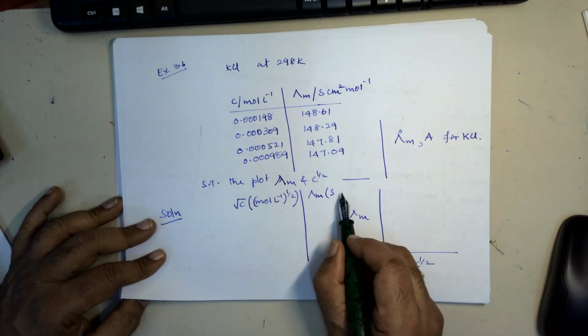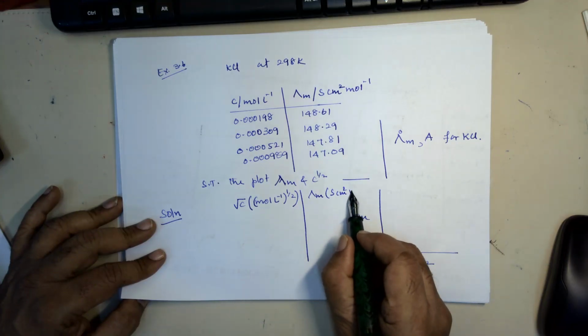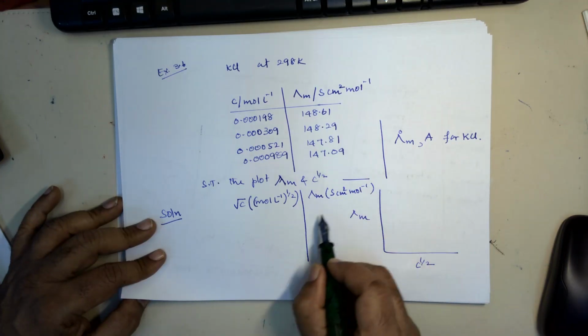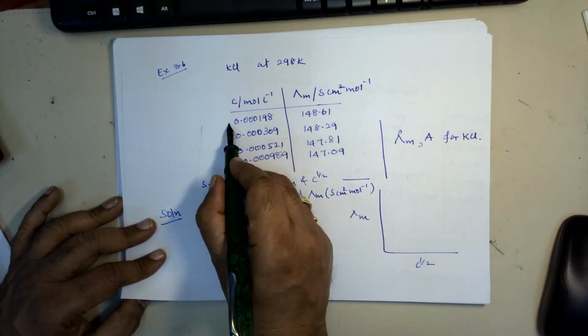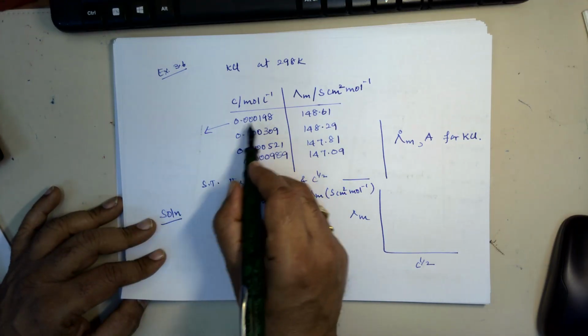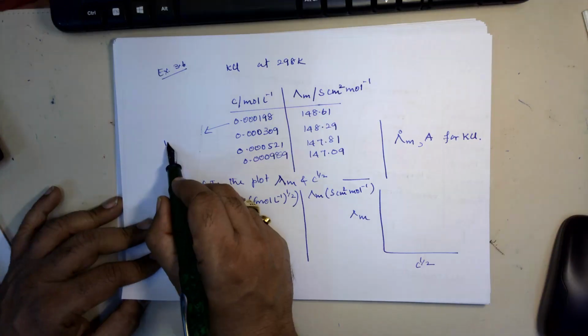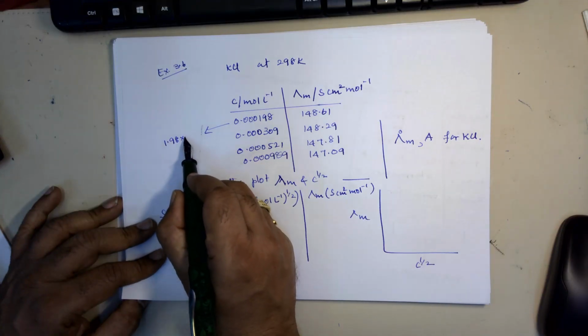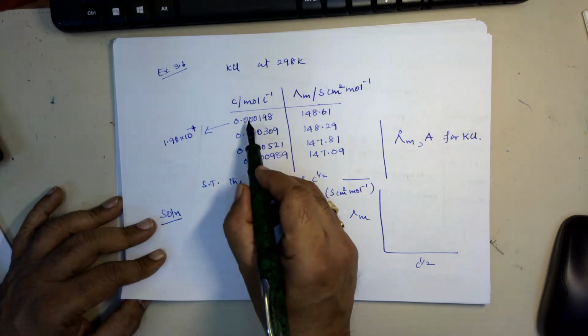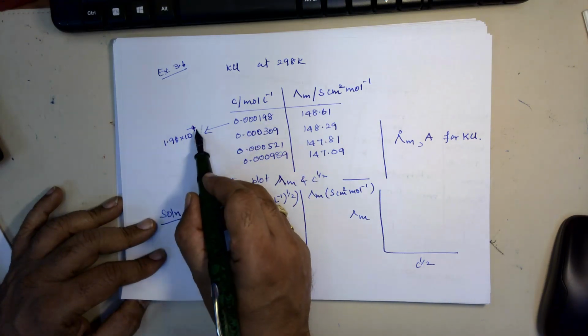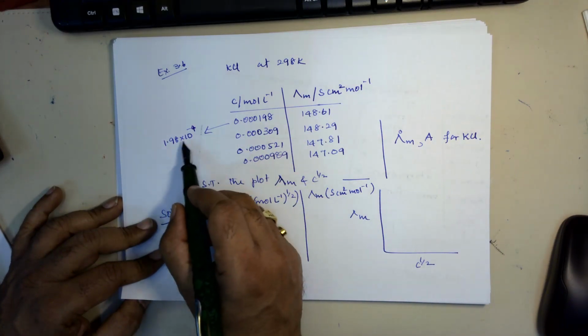That is given in Siemens square centimeter mole inverse. So you have to find out the square root of this one. So this can be given as what? You can take 1.98 into 10 power minus 4, right? Take down. 0.0001, take it as a square root, in this way.